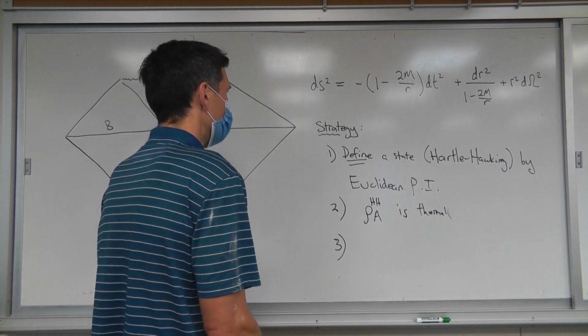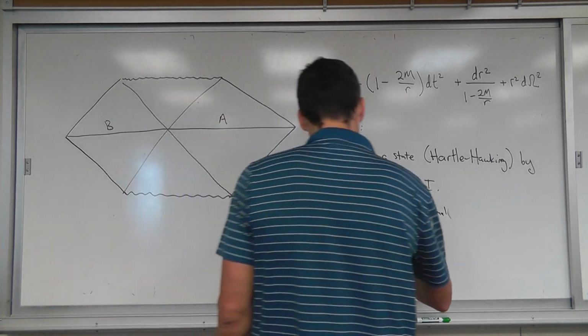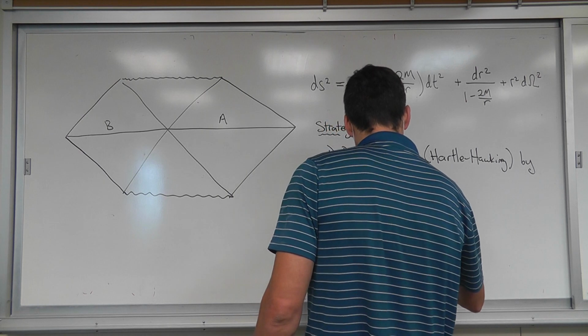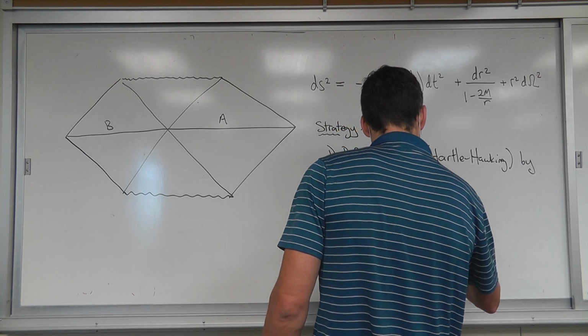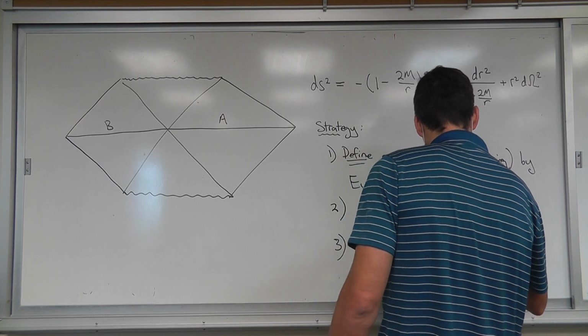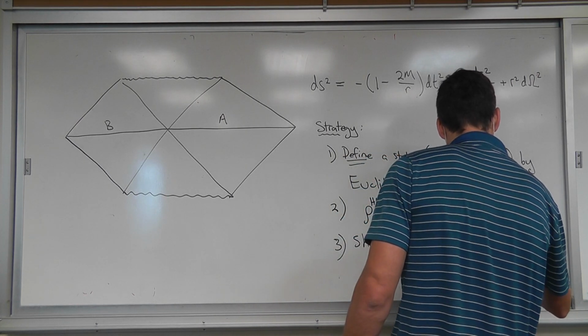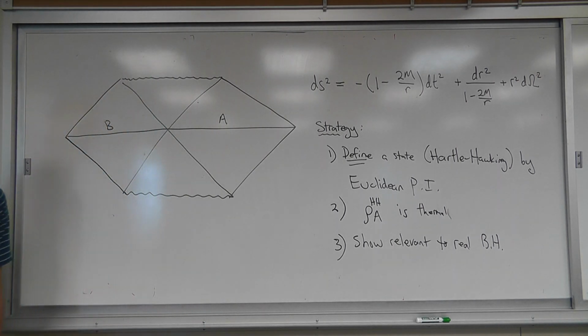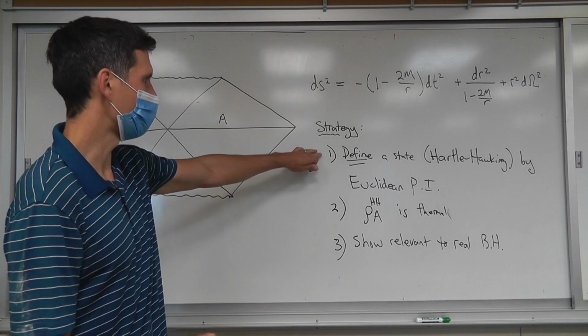And in step 3, we're going to show that this is relevant to real black holes, that is, black holes that form by collapse. Okay, so I just want to make the logic clear, so it's clear what's the definition and where the physics is coming in. Okay, so we're going to start with step 1.